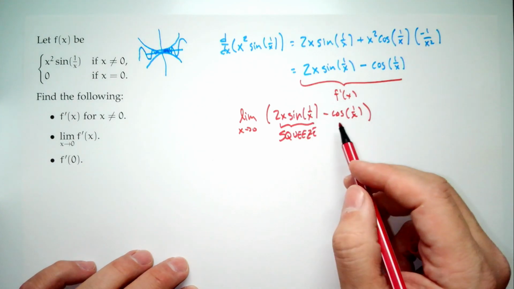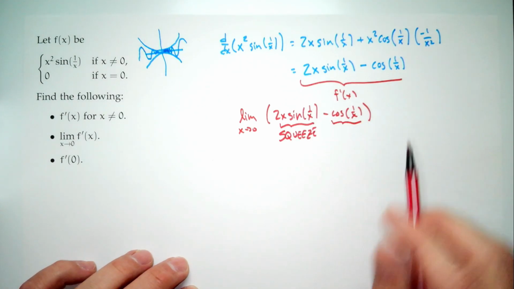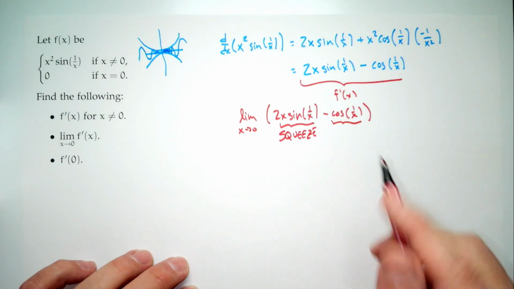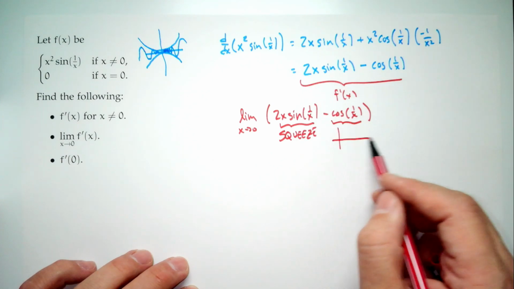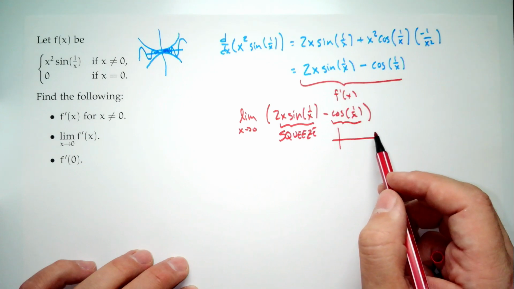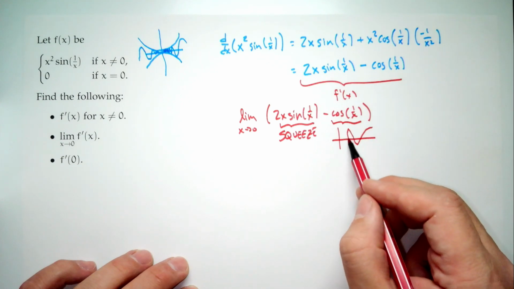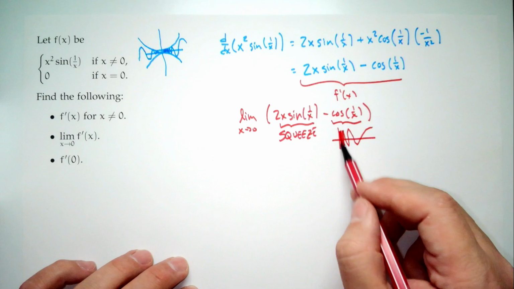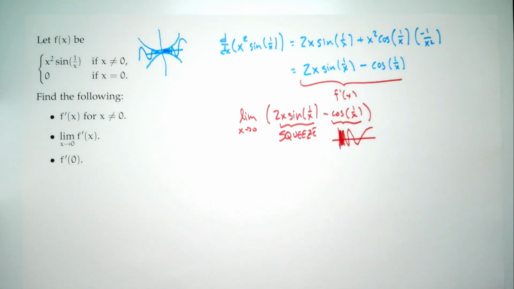What happens to cosine 1 over x as you get closer to 0? Well, it looks like this. It's that same phenomenon that you see with sine of 1 over x. The cosine is trying to do oscillations.